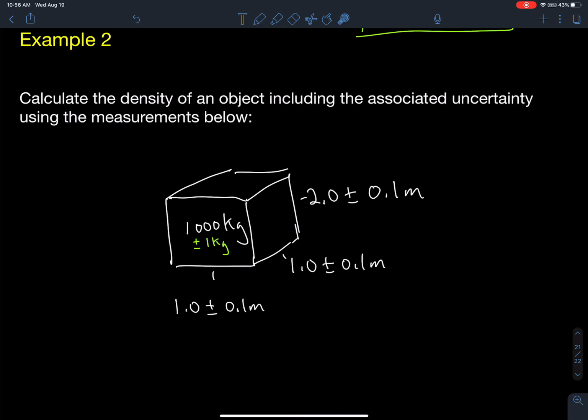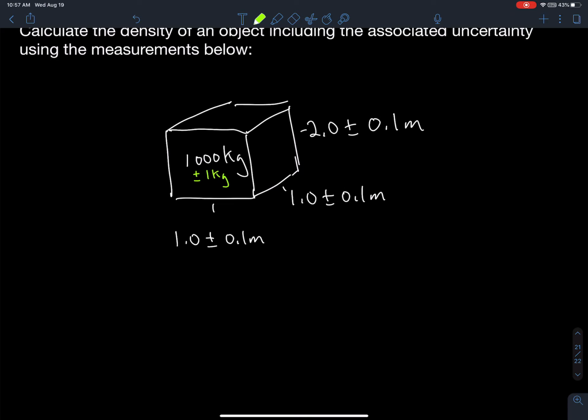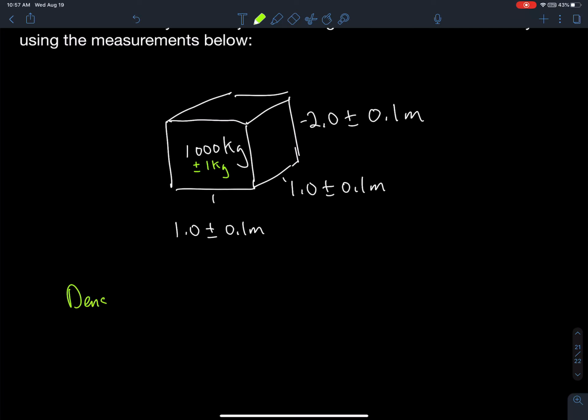Okay, and then I have the width, the length, the height. Okay, 1 meter width plus or minus 0.1 meters. The length is 1.0 meters plus or minus 0.1 meters. And the height is 2 plus or minus 0.1 meters. How would I calculate density? So density is equal to mass divided by volume, if you remember from last year.